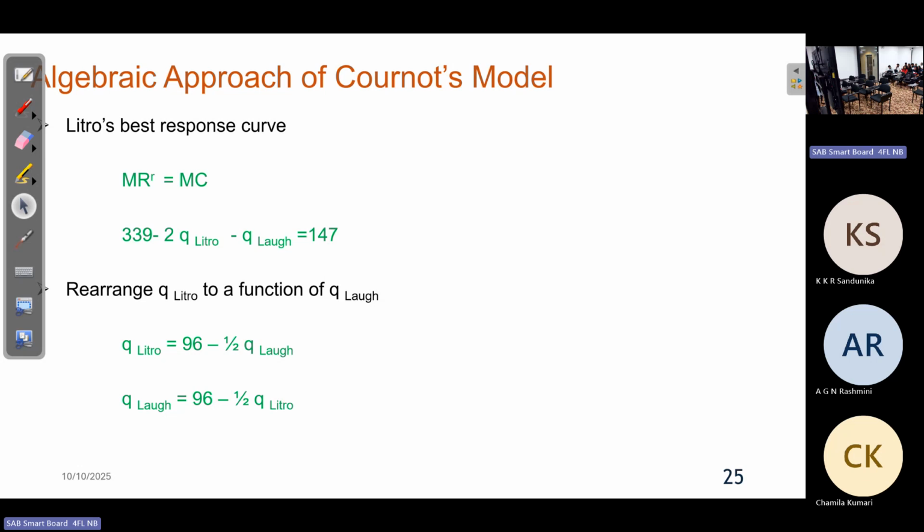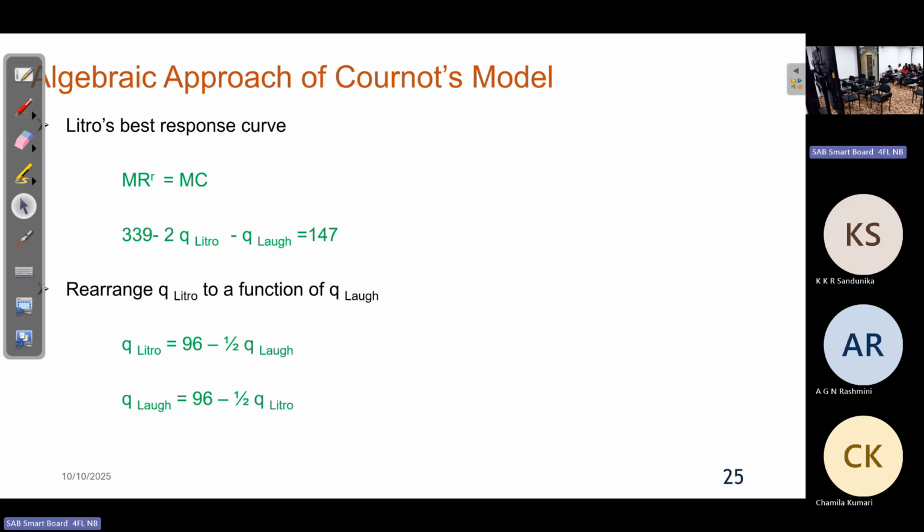Okay. Here then, what is the market price? How do we find the price? Price equals 339 minus Q, the total quantity. Then you have to take the total quantity, 64 plus 64.